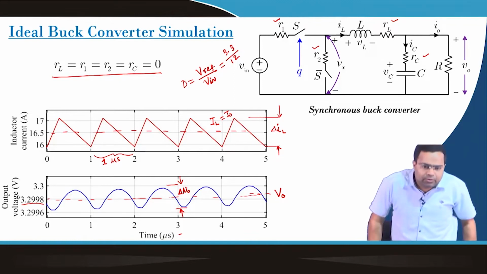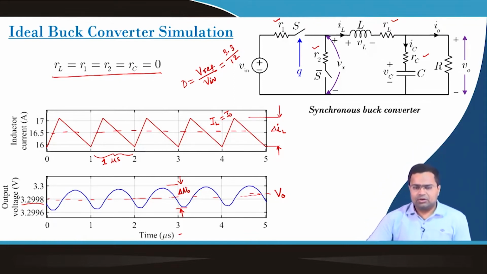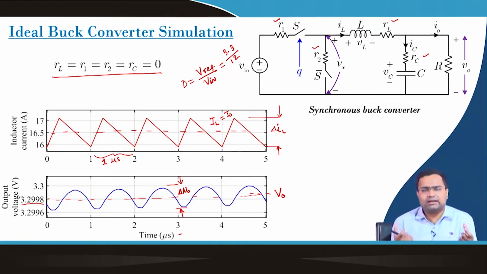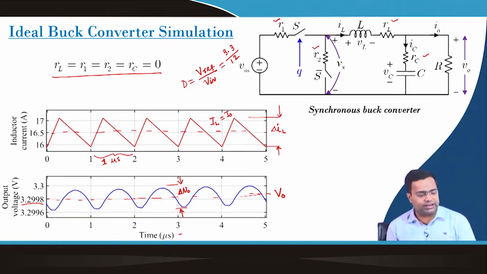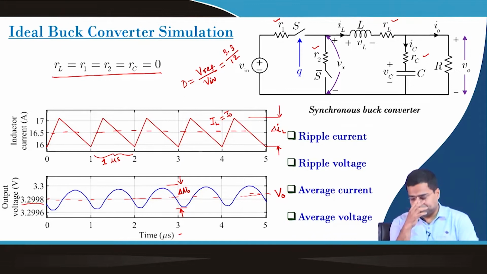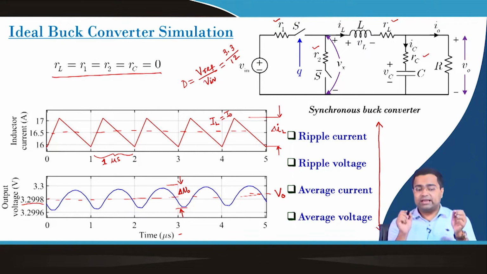So we are going to discuss the parameters: inductor ripple, output voltage ripple, average inductor current, and average output voltage. These are the 4 parameters that we are going to discuss, and we want to see the effect of the parasitic components on these parameters if we incorporate them.